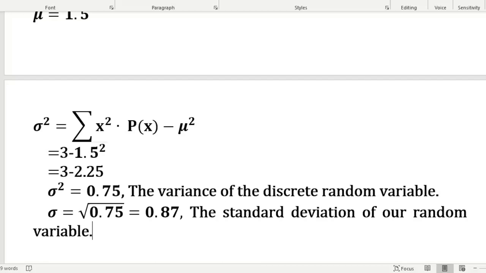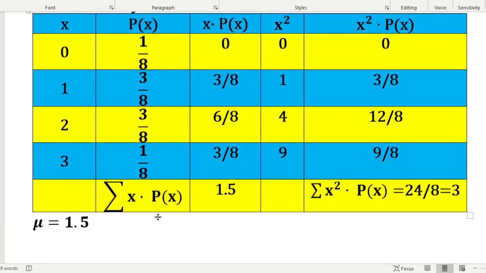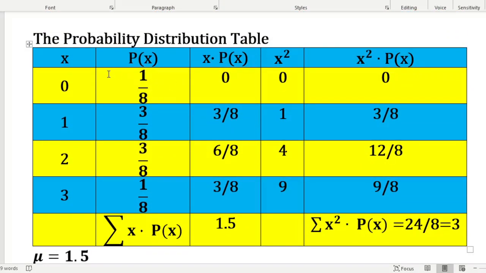Again, let's go back through the process. We have the probability distribution table. We multiply the possible value and its corresponding probability. We determine the square of each possible value, and we determine the product of the square of each possible value and its corresponding probability.